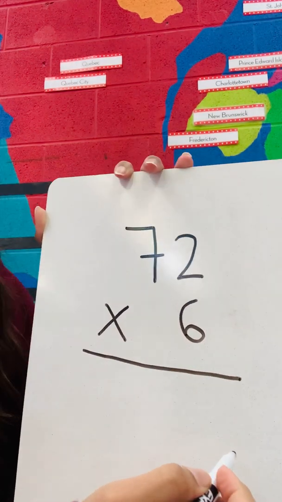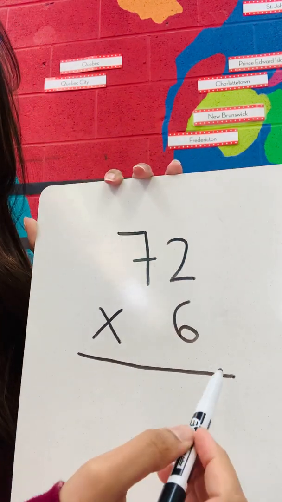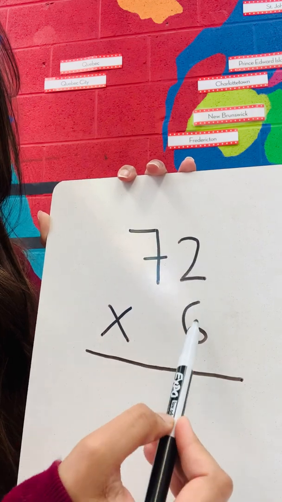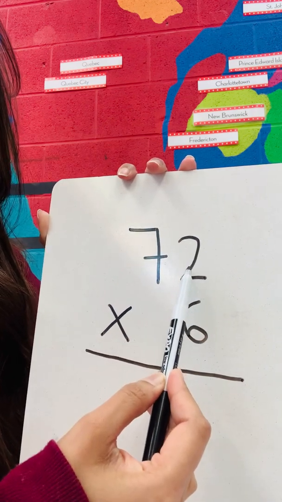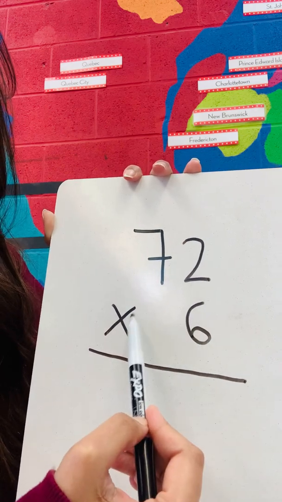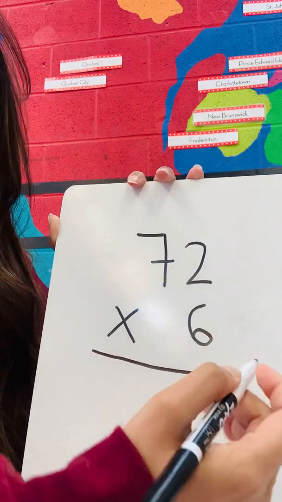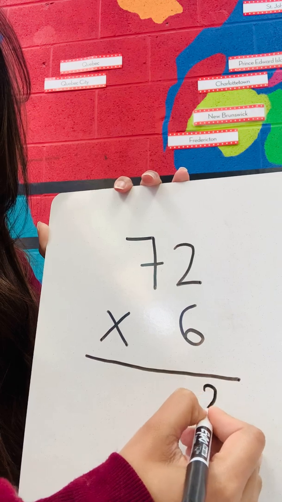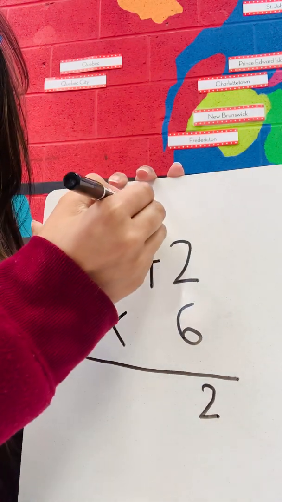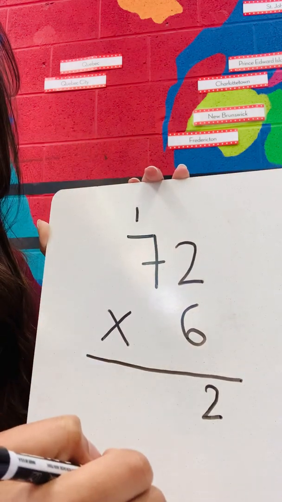I'm going to remember my 6 times table. I'm going to multiply my 6 to my 1s first, then to my 10s, right? So 6 times 2 gives me 12. I'm going to write my 2 here. I'm going to carry my 1 over on top of the 7.